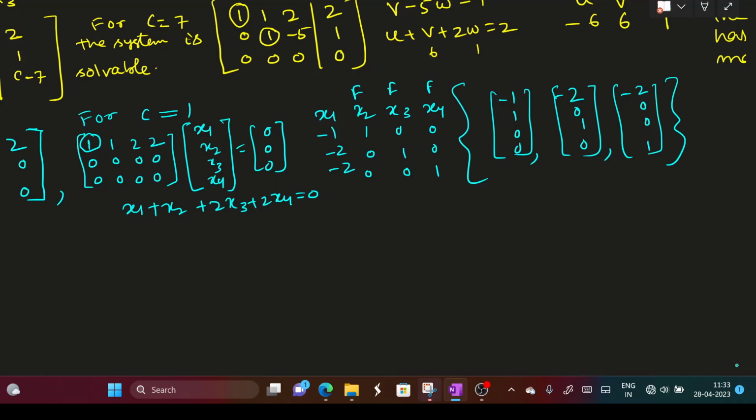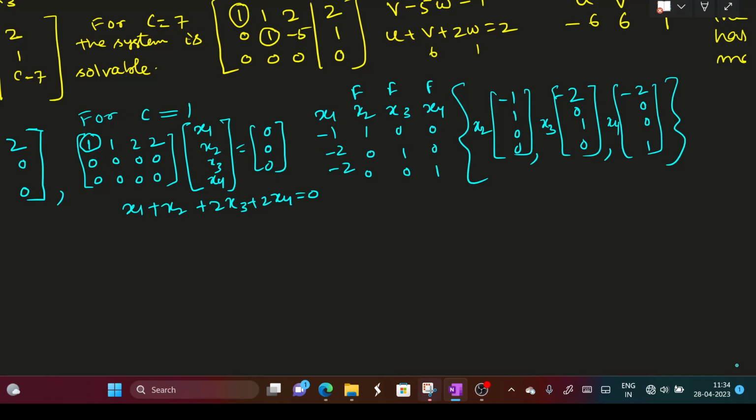Directly we can write like this, or we can associate the corresponding free variable to it. Here this variable is x2, this is x3, this is x4. How am I deciding what it will be multiplied by? In which free variable I have assigned value 1, that free variable I will multiply here.